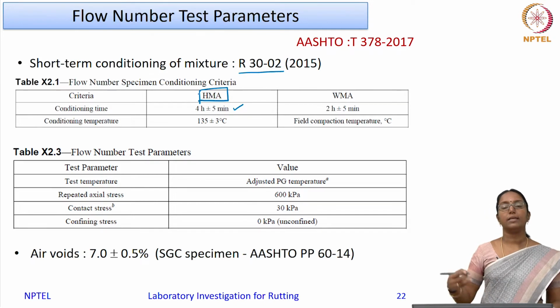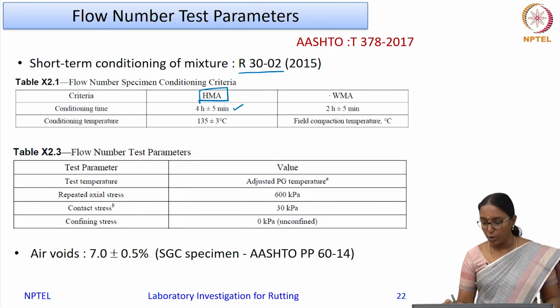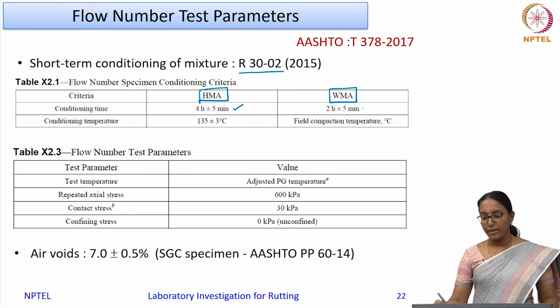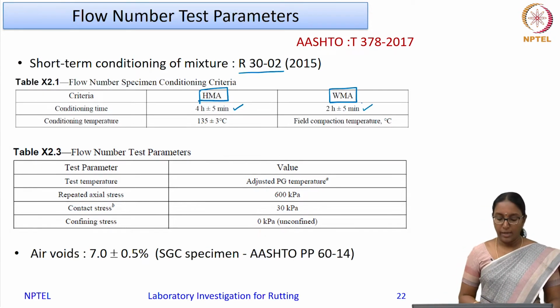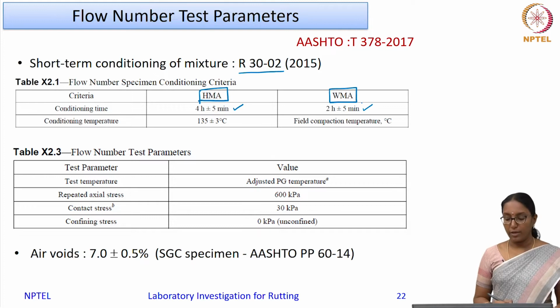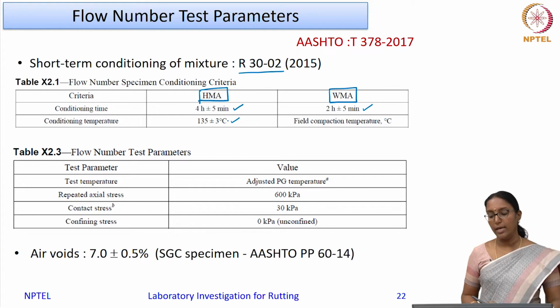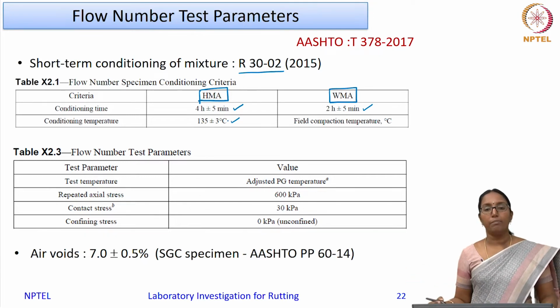The same test can be done for warm mix asphalt also. If you are using warm mix asphalt, the code specifies that you have to condition it for at least 2 hours, and the temperature of conditioning of the mixture is 135 degrees Celsius for hot mix asphalt, and it should be the field compaction temperature for warm mix asphalt.